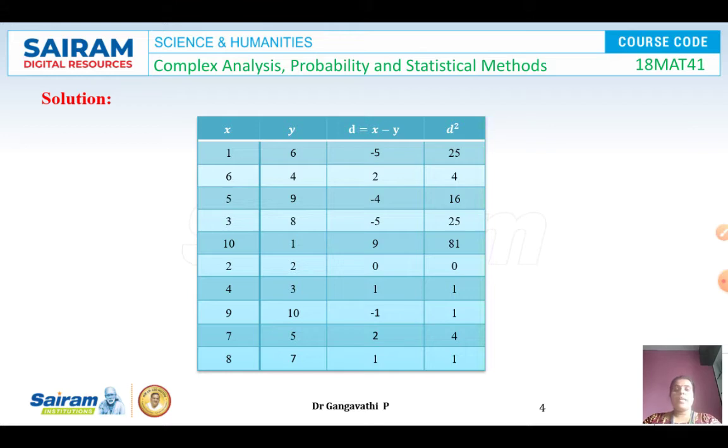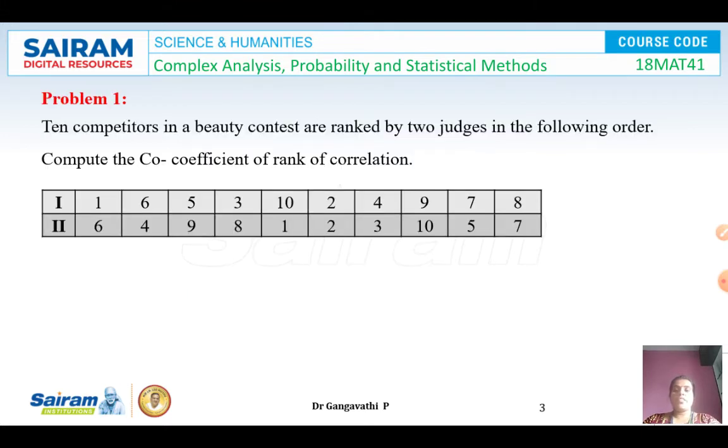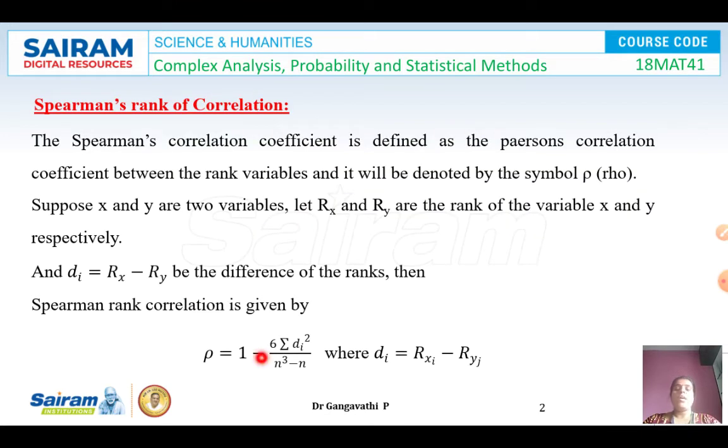The formula is, let me go to your first slide and show you the formula. The rank correlation rho is equal to 1 minus 6 times the summation of di square by n cube minus n, where d is the difference between the ranks given to the x values and the y values, which we represent as rx and ry.